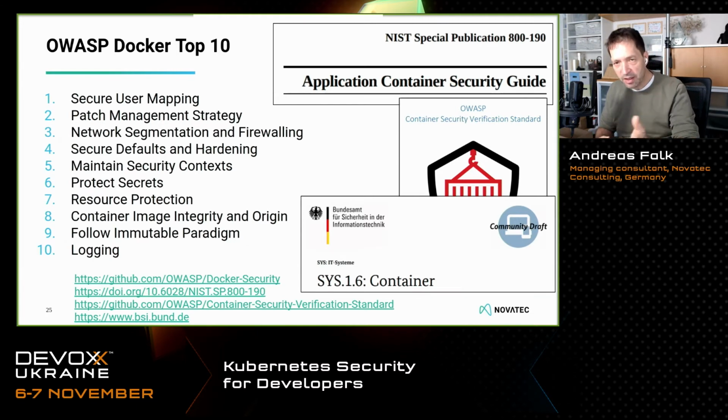For example, there's a NIST special publication by the National Institute of Standards in the US talking about application container security as a guidance. Then the OWASP offers two types of documents. One is the OWASP Docker Top 10, a specially crafted Top 10 for Docker. And they also provide a security verification standard document for containers.